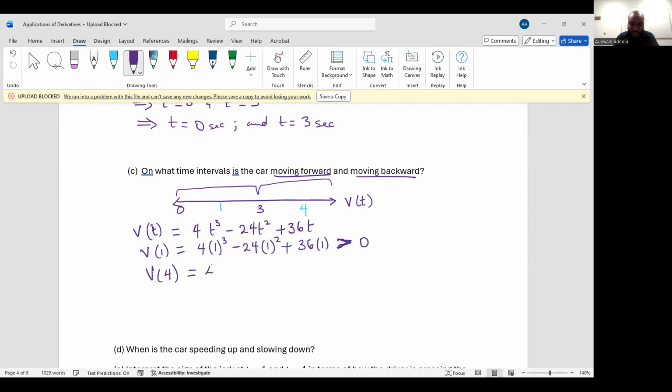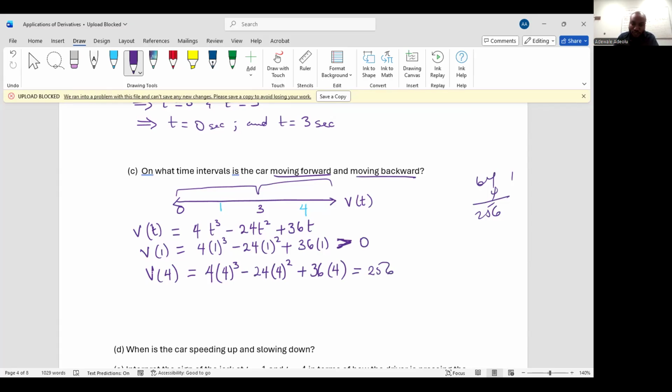V of 4, that is 4 times 4 raised to power 3 minus 24 times 4 raised to power 2 plus 36 times 4. Okay, 4 raised to power 3, that is 4 times 4, 16 times 4, 64 times 4, that is 256.